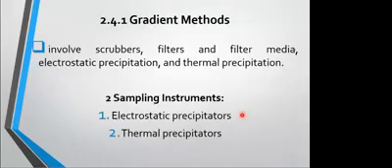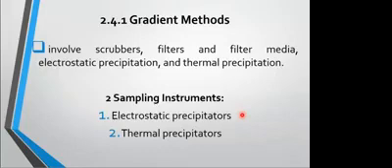For gradient methods, we have scrubbers, filters and filter media, electrostatic precipitation, and thermal precipitation. And there are two sampling equipments under these gradient methods. We have the electrostatic precipitators and the thermal precipitators.